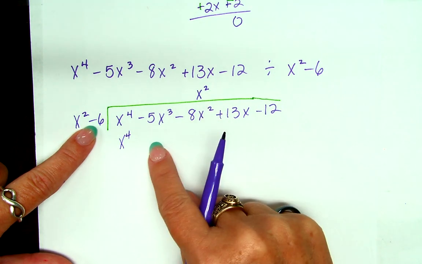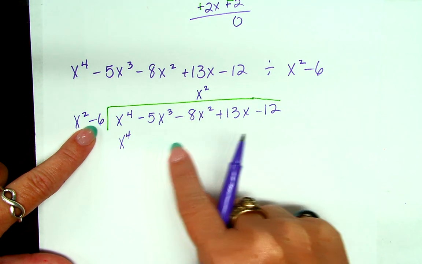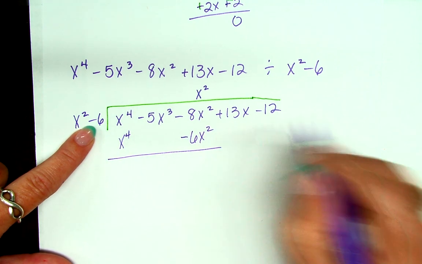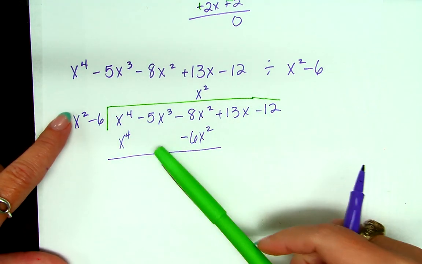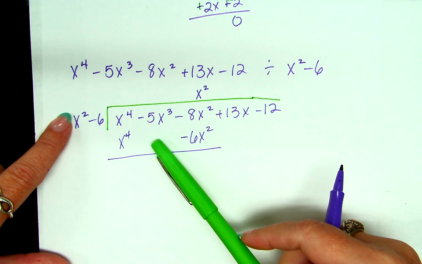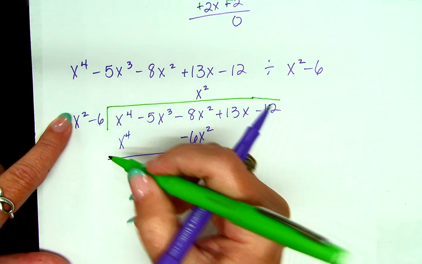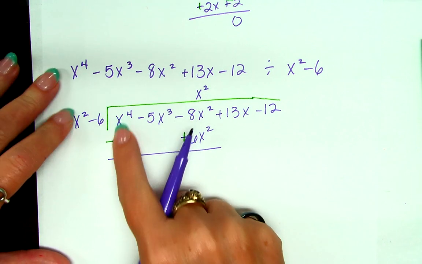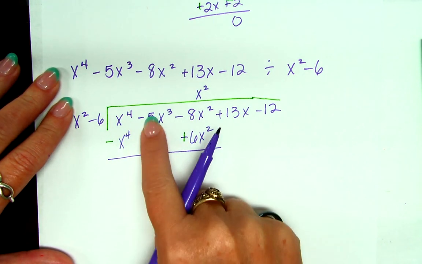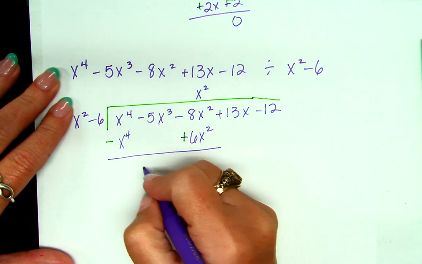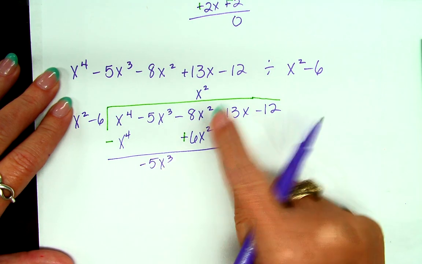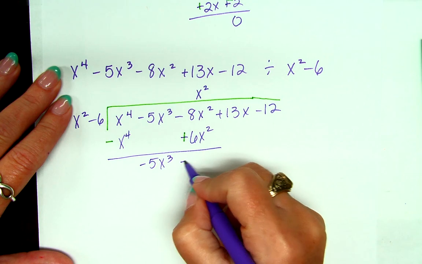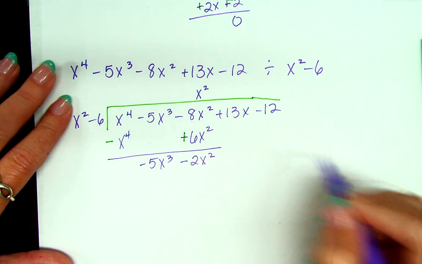Well, that doesn't go here, does it? Under the like term, right? Yeah. Negative 6x squared. Is this okay? Yeah, it is. When I subtract and subtract, what's this? 0. What's this? Just negative 5x cubed, right? Negative 5x cubed. And then what's this? Negative 2x squared, right?